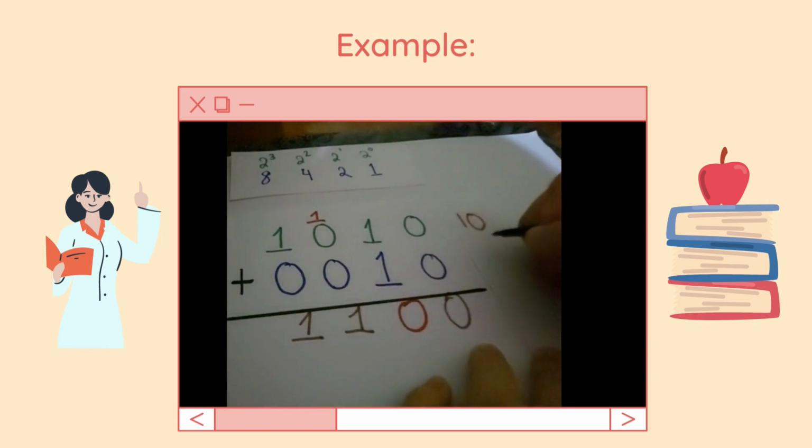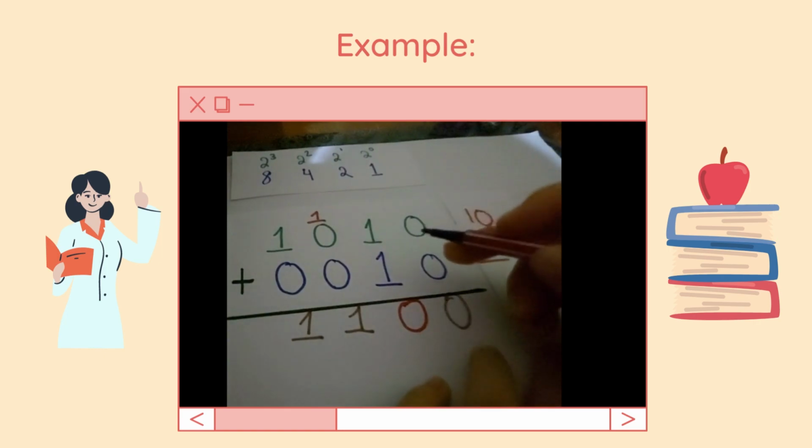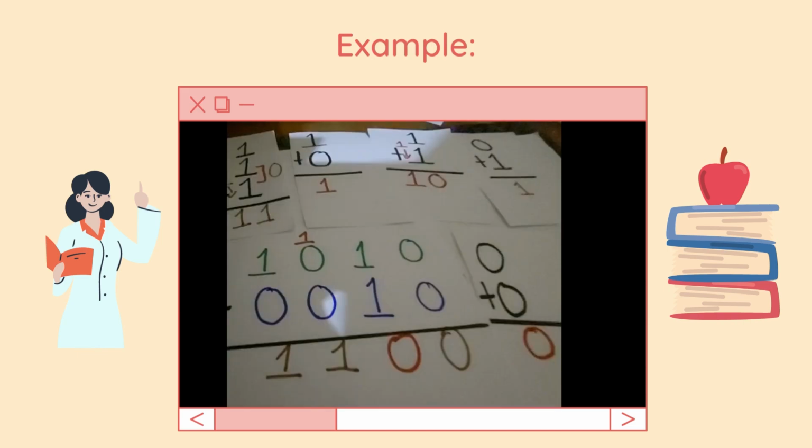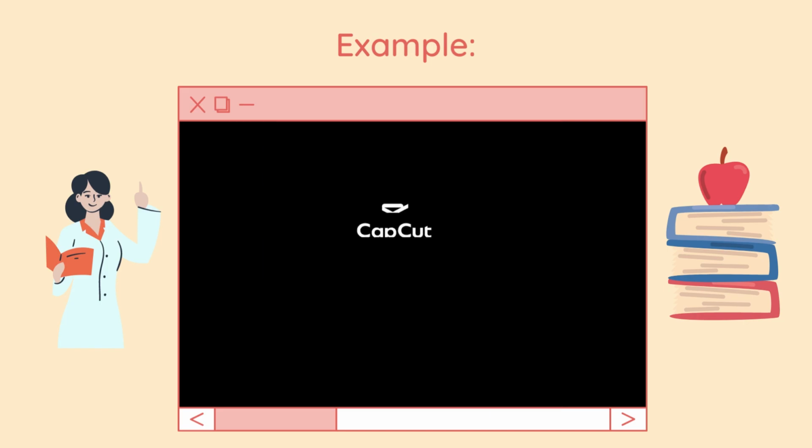Therefore, the second binary number is a 2 as a regular number. And now if we add these, the regular number for this binary number would have been 12. Now this would be all for the addition of binary numbers.